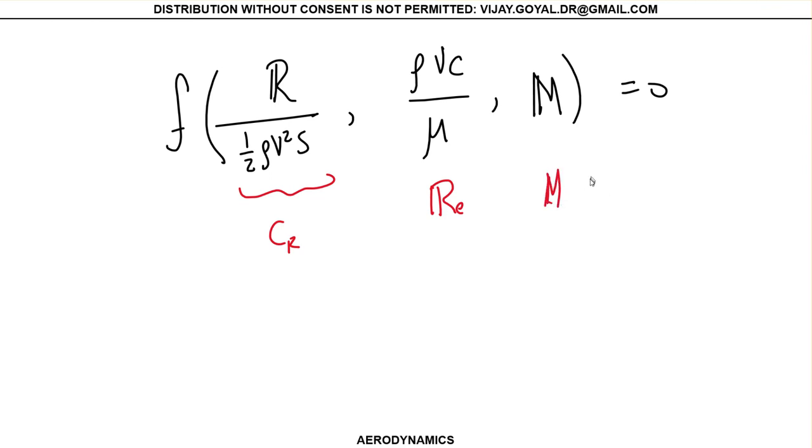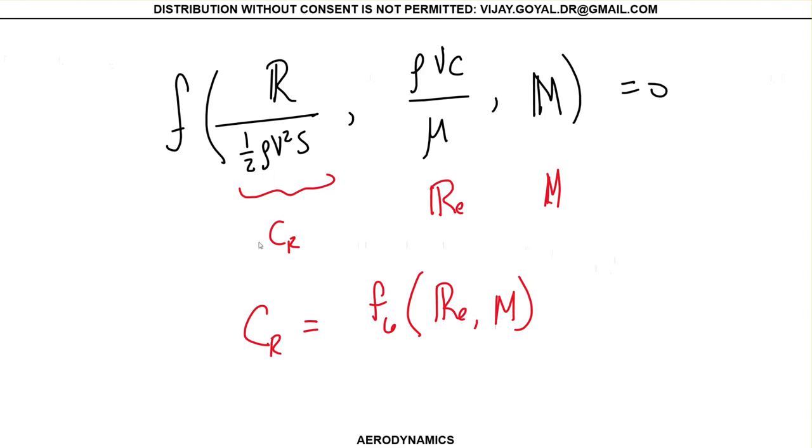In other words, I could say this coefficient right here is going to be a function, let's call it function 6, of my Reynolds number and my Mach number. So this is how we actually do dimensional analysis, and we can find many different variations depending on what we are interested in.